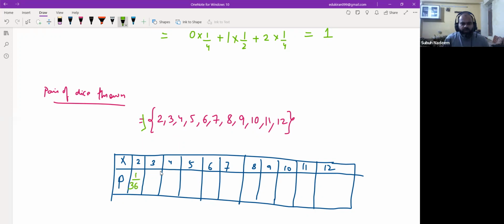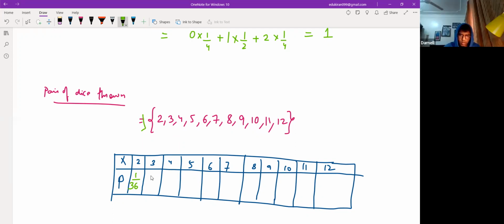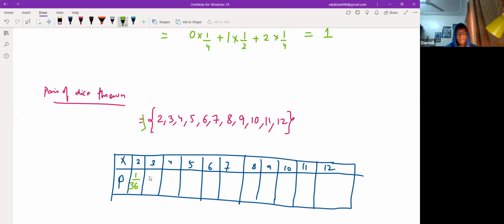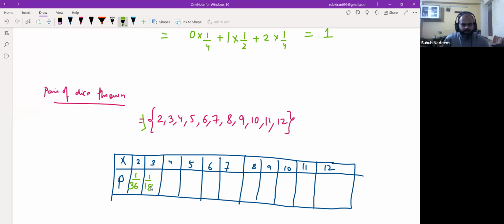How many ways will give 3? It is 2 now: 1, 2 and 2, 1. In the first die 1, in the second 2, or in the first 2, second 1. So it would be 2 by 36, that is 1 by 18.